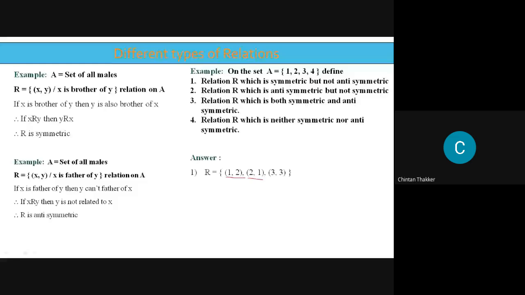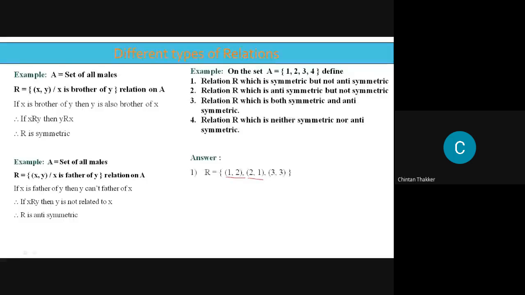No need that you always have to take three elements. You can take two elements. You can take four elements also: 1, 2, 2, 1, 2, 3, 3, 2. This is also a subset of A cross A, and it is a symmetric relation, not anti-symmetric. So these are symmetric relations, not anti-symmetric.